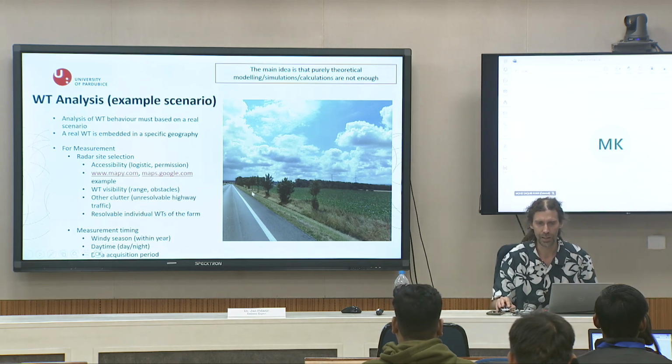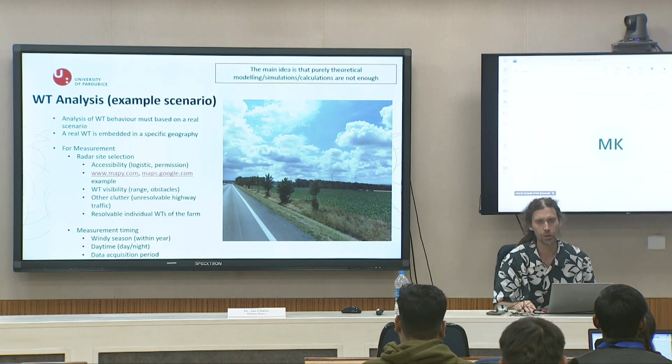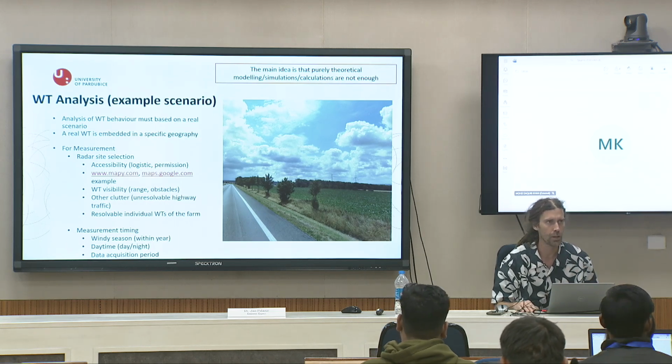Because imagine you select some place and now you figure out that there is a wood and you cannot see through it. So good preparation of your scenario based on publicly available maps and other types of software that I will later show you.